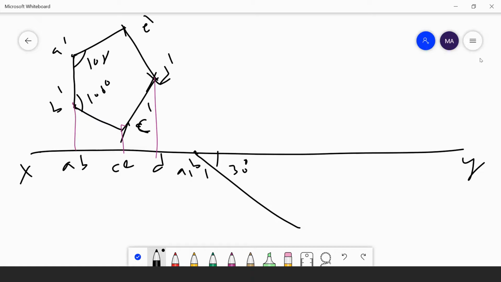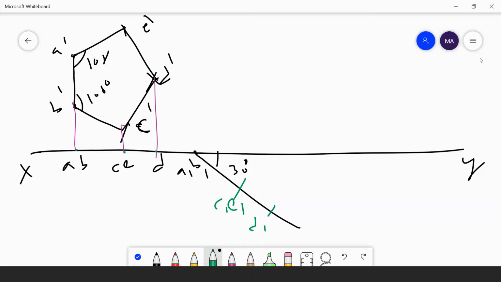Then I measure the distance from A to C and cut an arc here to get C1, E1. Then I measure the distance to D and cut an arc here to get the D1 point.